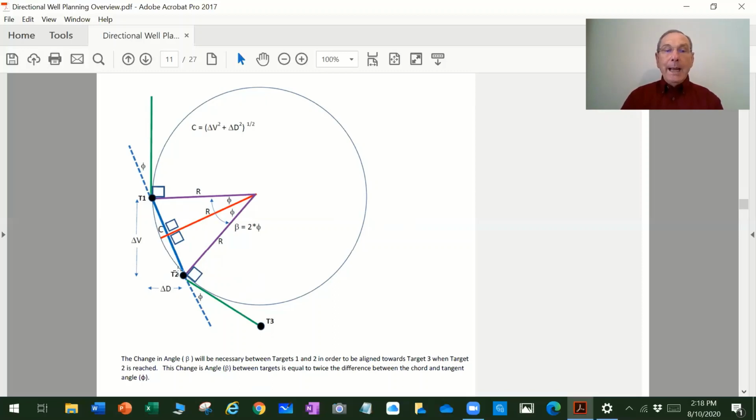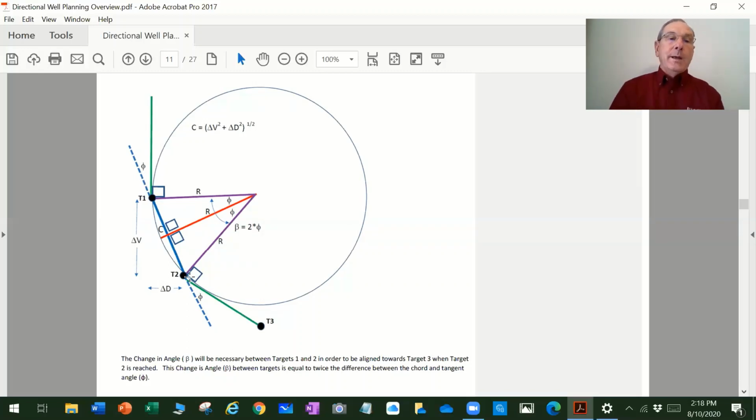Since target number 2 and target number 3 are aligned at some inclination, let's say a 40-degree inclination, you can look at this diagram and see that we're going to have to do something between target number 1 and target number 2, such that when we get to target number 2, we have a 40-degree inclination to just maintain that 40 degrees on down through target number 3.